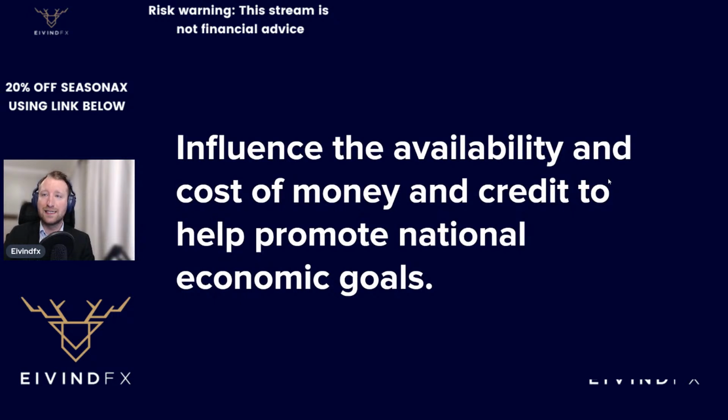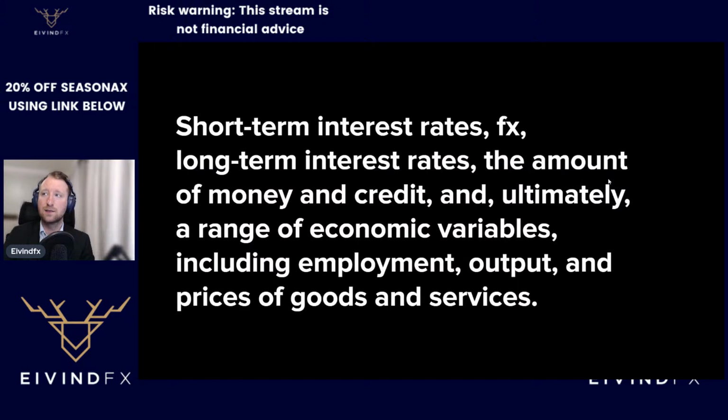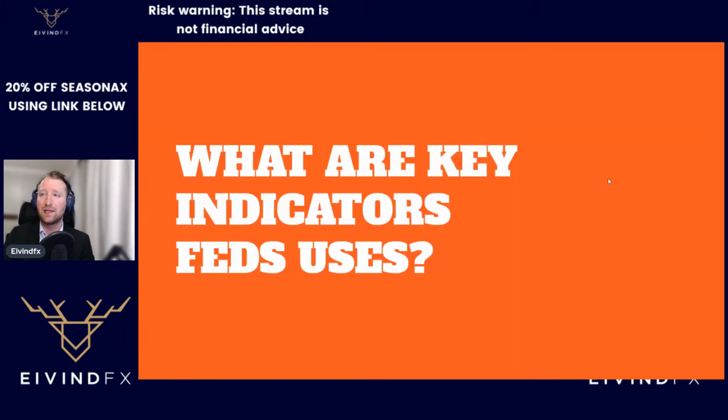Influence the availability and the cost of money and credit to help promote national economic goals. How do changes in the federal funds rate affect the market? Short-term interest rates, forex, long-term interest rates, the amount of money and credit, and ultimately a range of economic variables, including employment, output, prices of goods, and services.